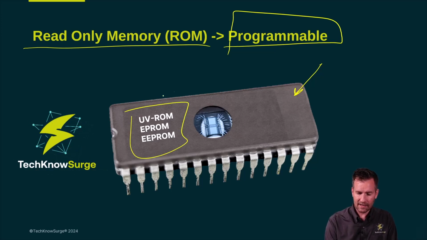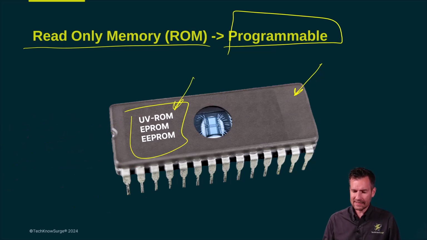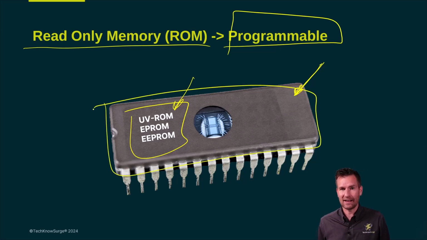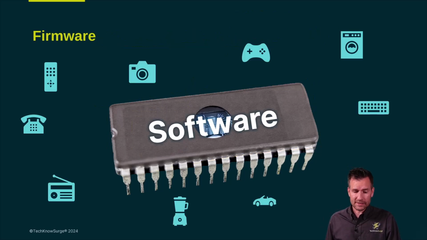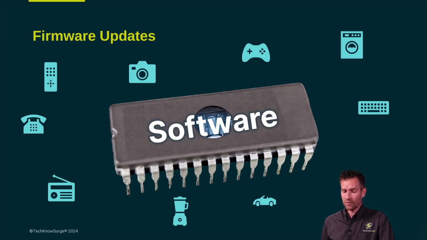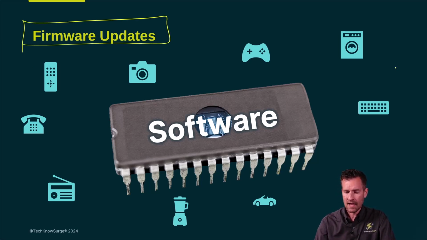There are different technologies that allow us to do this, but essentially it still is fairly static, meaning that it is not going to change very often at all, but gives us at least some ability to change it down the road. This was helpful because, for instance, with my keyboard, now I could do some updates to the software, and I still call it firmware. And very similar to any software that I have, I want to go through firmware updates to make sure that it's patched and secure and has all the latest and greatest features.